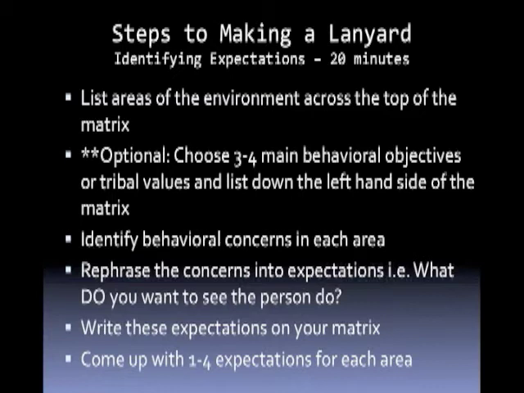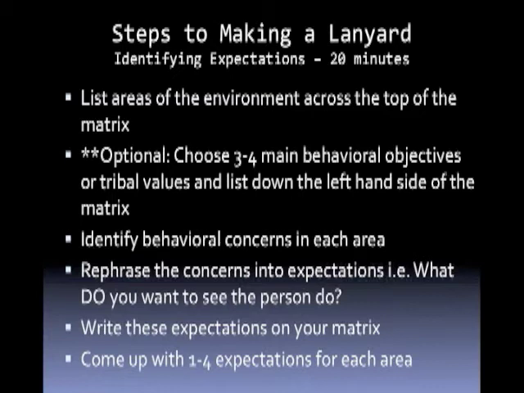Then go ahead and identify behavioral concerns in each area. Then rephrase these concerns into the measurable, observable, positive way that we talked about before. State what you do want to see the person do, and then write these expectations in your matrix.